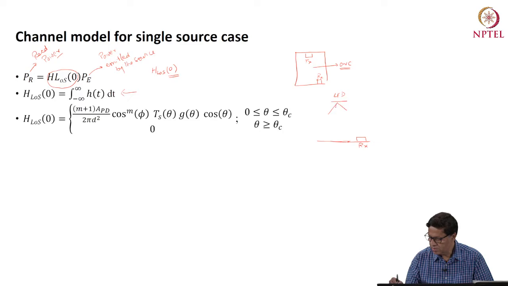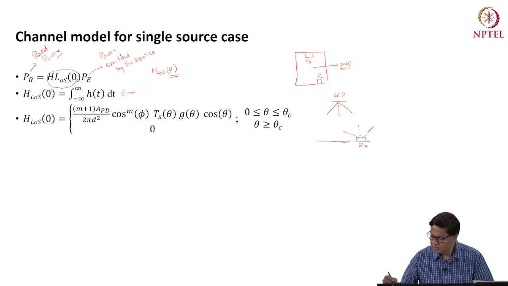So this is the emission pattern, and this is the normal, and then this is the receiver, and it has some FOV, and this is, say, the normal here.